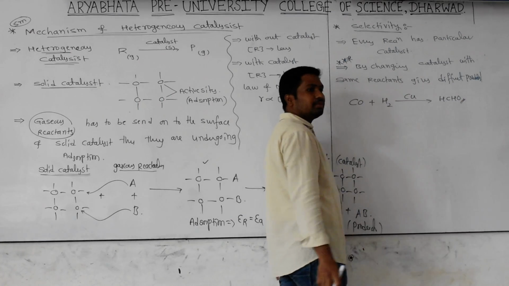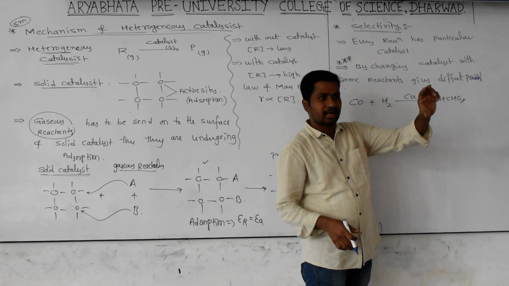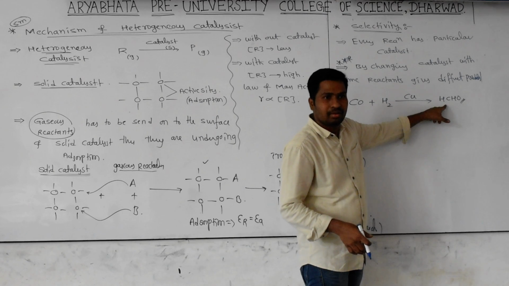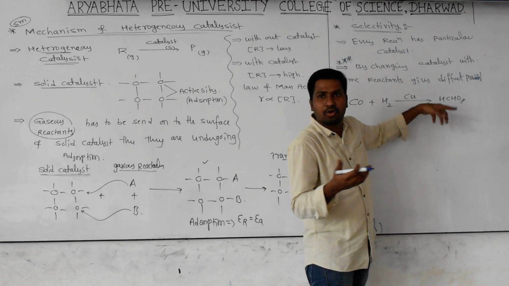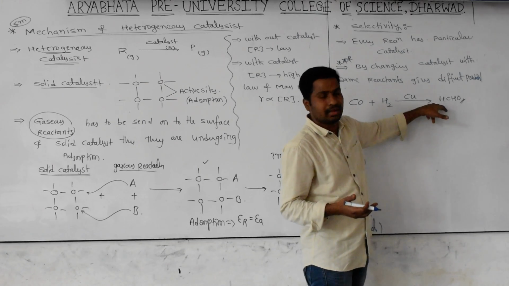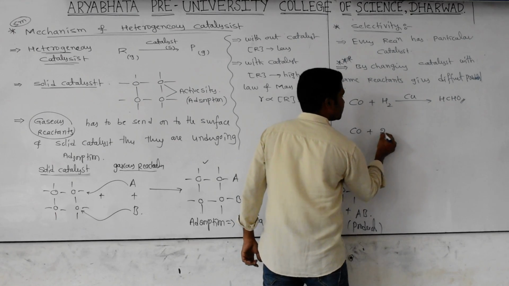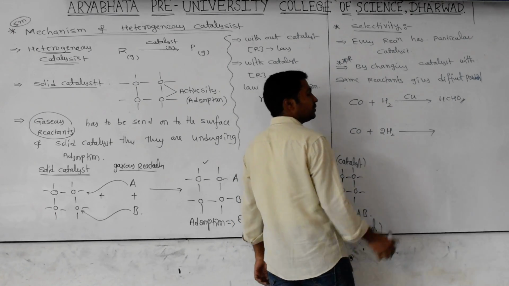It is one of the preservative liquids. In the biology lab, dead animals and dead plants are stored in one special liquid, formaldehyde. If you want to preserve dead bodies for a long time, it is one of the best solvents. Take the same CO plus 2H2, as in the water gas shift reaction.